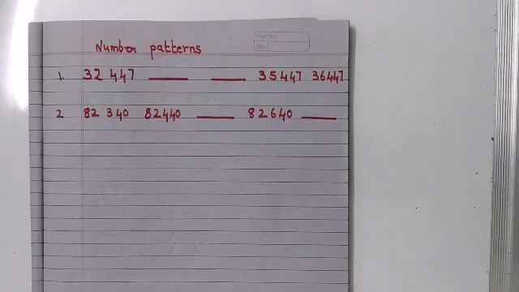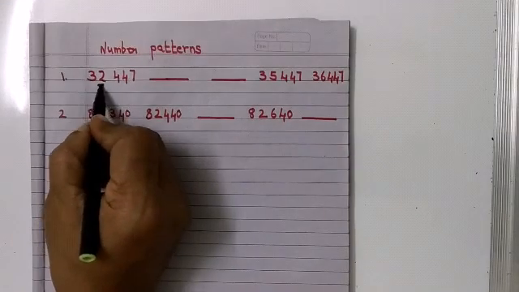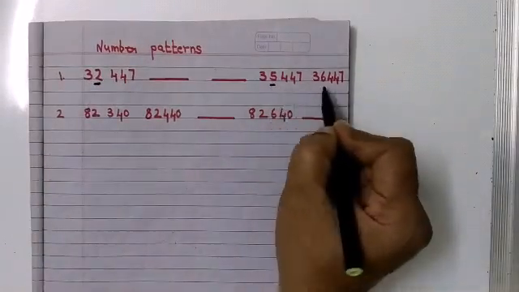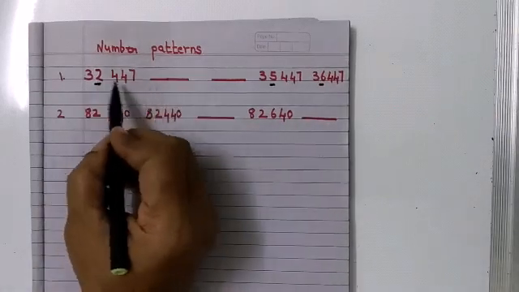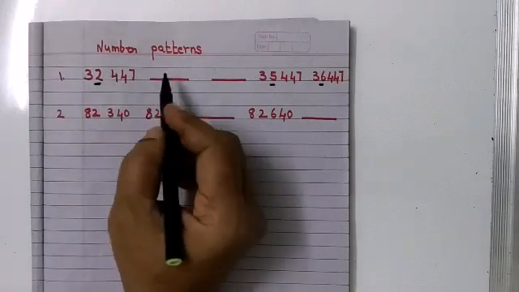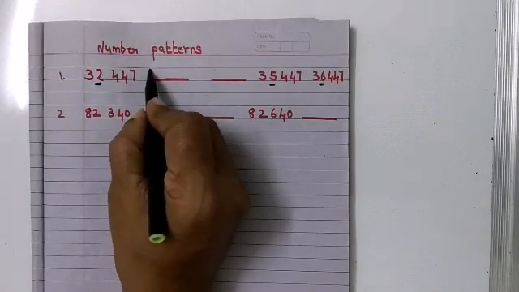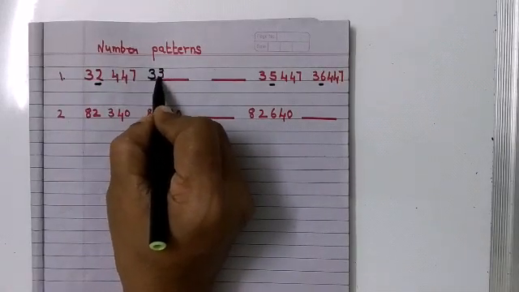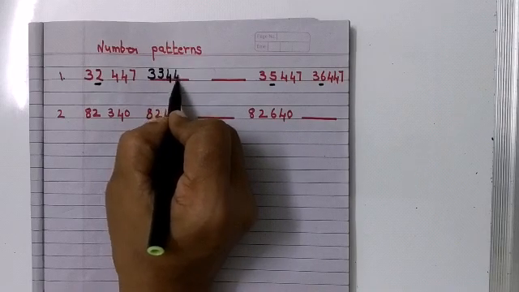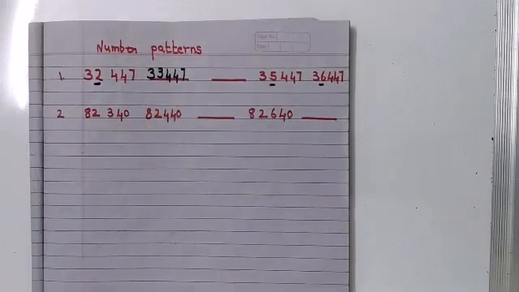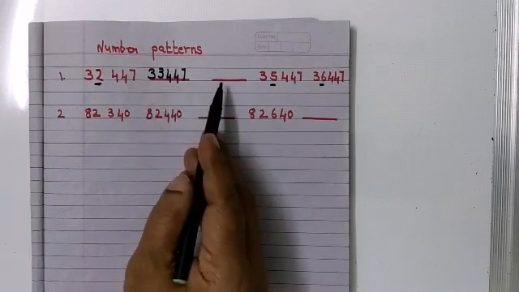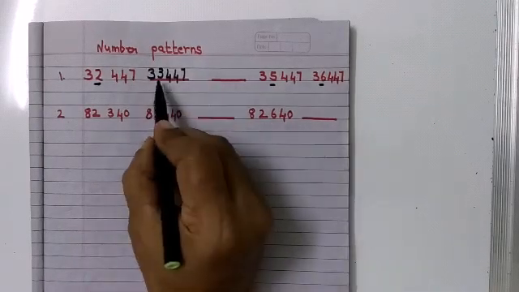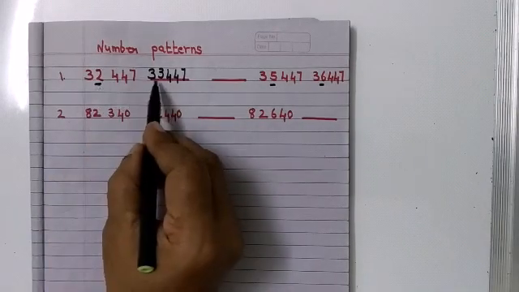So what would I write over here? If this is 2, you can even underline, children, so that you are not confused. So I need to increase the thousands place by 1. So this will be 33,447. So I'll increase by 1000. Now what will be my next number over here, children? This was 32, 33.